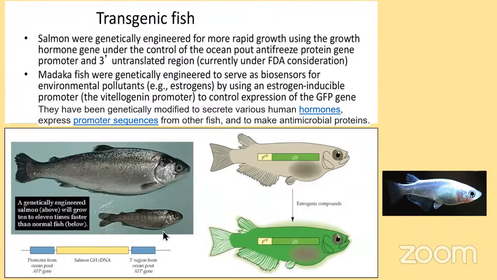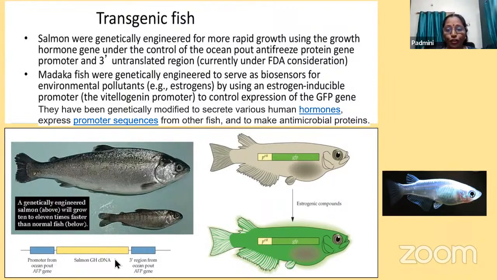When these fishes have to survive in contaminated water, they are not able to survive in that environment, and they usually die. So you prepare these fishes so that whenever there is pollution in the water, the fish starts to glow. You can see here the glowing protein gene that is present. GFP is green fluorescent protein, which will glow in the water whenever there is pollution.